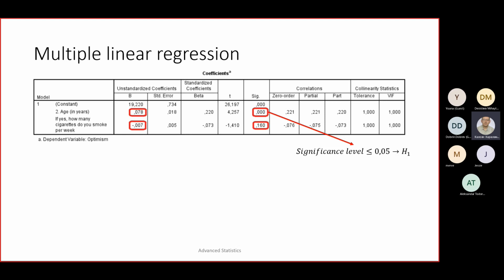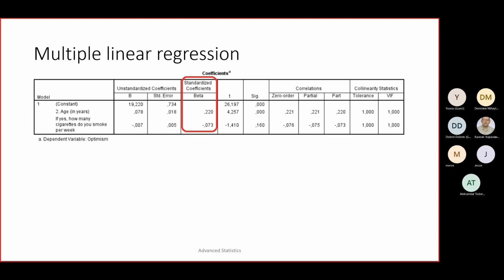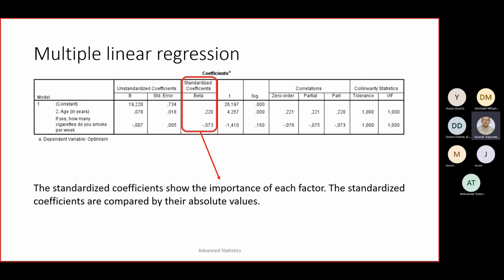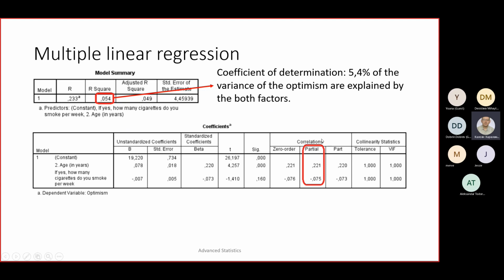After that, we have significance level of all factors, interpretation of all coefficients, then ordering or comparison of factors according to their importance, and this is multiple R square, and here we have partial correlations, and since these coefficients are partial coefficients, that means again that when we make interpretation of them, this interpretation is under the same conditions or under the condition that all other factors in our model are constant.